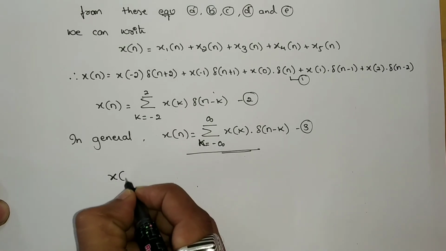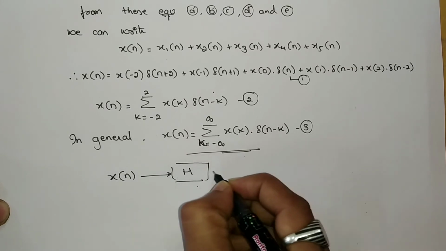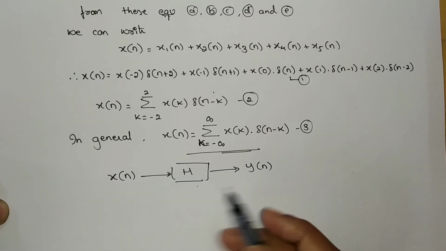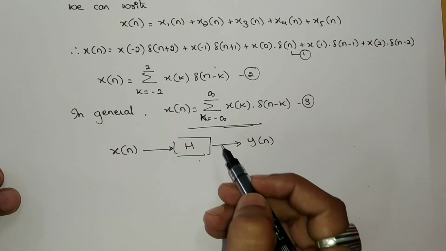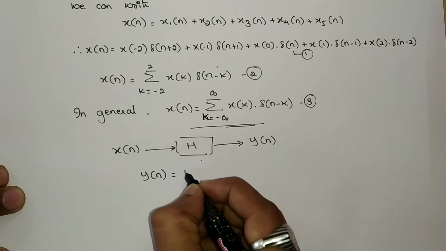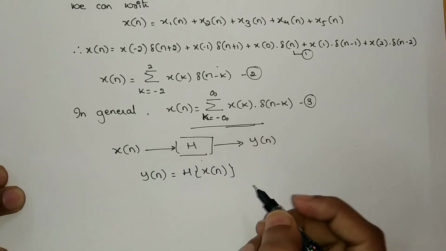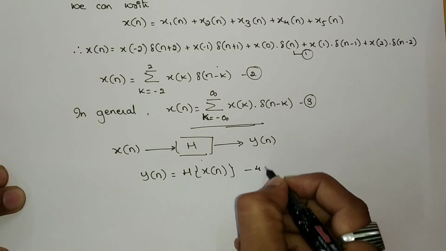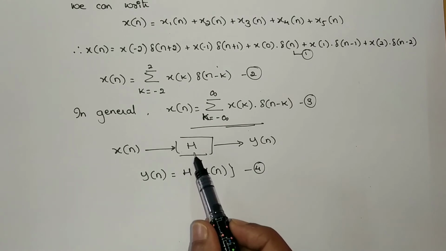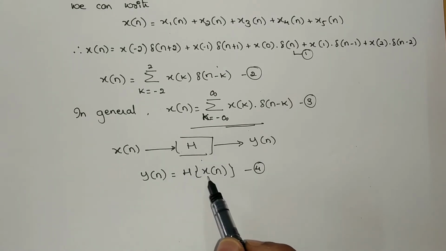We all know x of n is fed to an operator h to get an output y of n for a discrete time signal. And this can be represented mathematically as y of n is equal to h of x of n. Mark it as equation number 4. From the above block, we can write y of n as h of x of n.